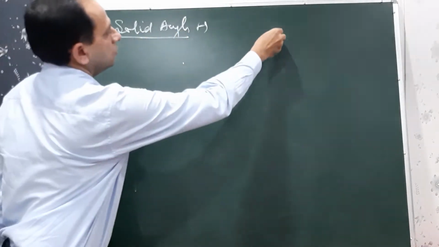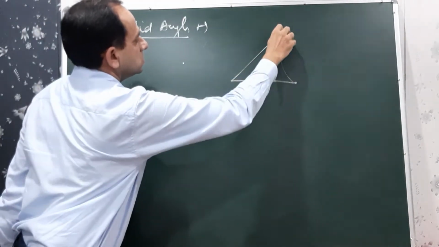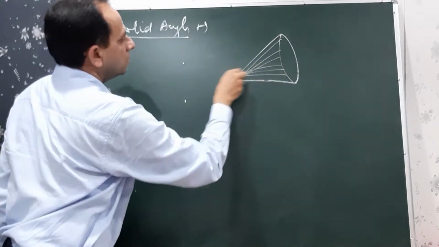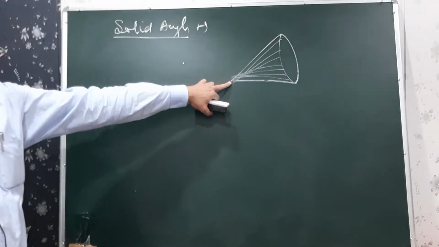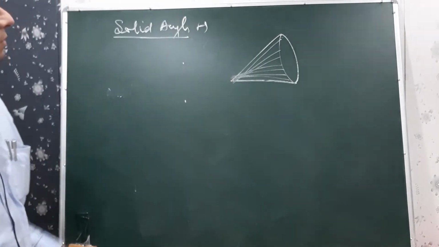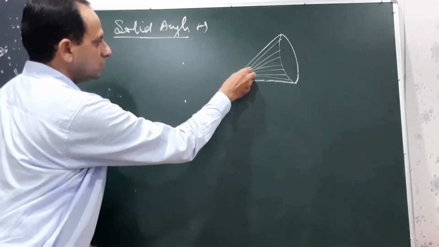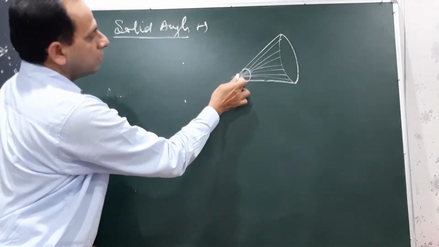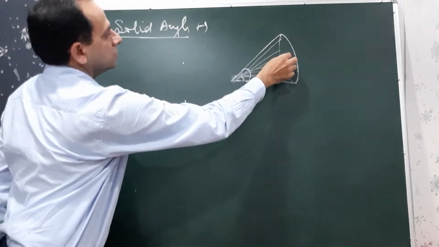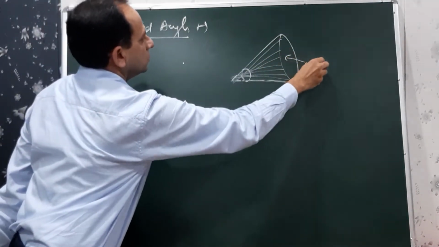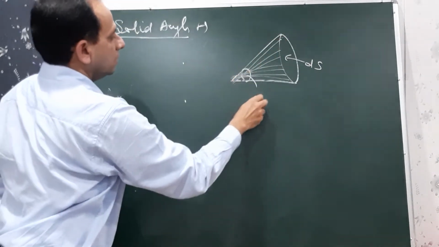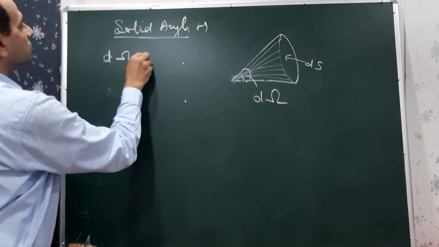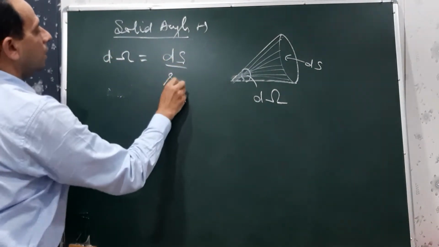In the diagram, we can represent this solid angle like this, that is the angle subtended at common point O, and it is a measure of divergence, and a cone formed with the surface, this one is the surface area, it is ds, and this is the cone and this angle is called d omega, or mathematically we may write it as ds upon r square.